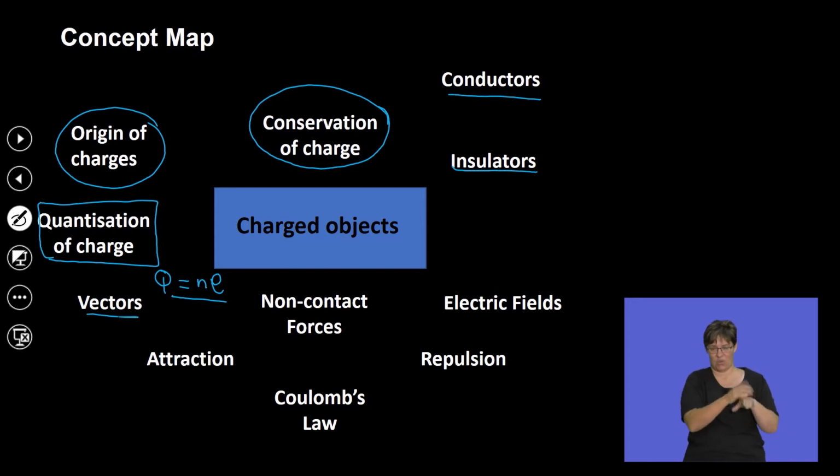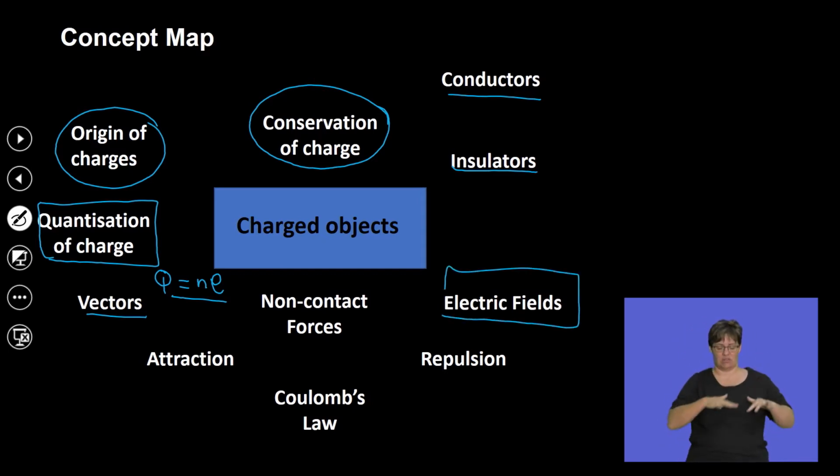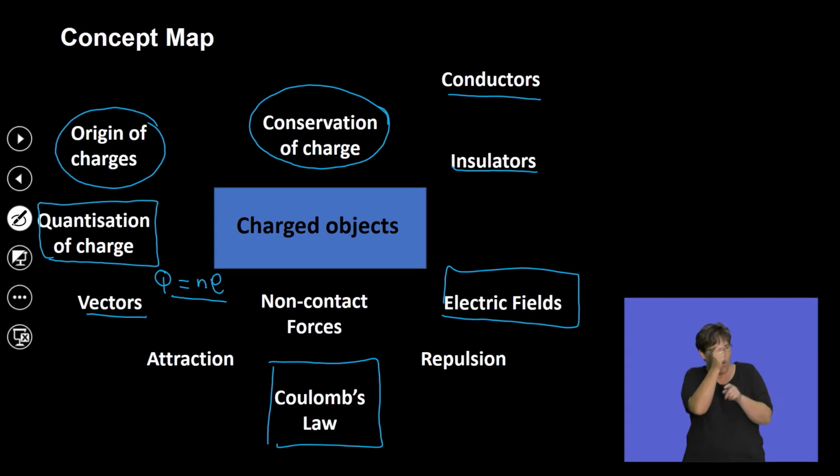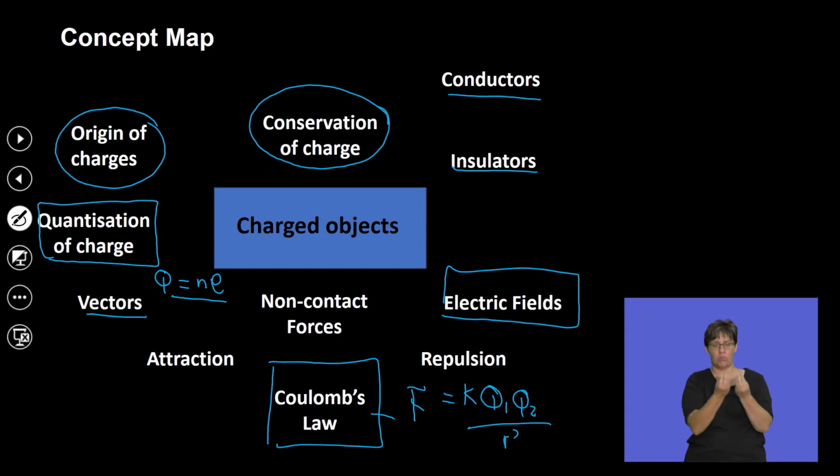We shall talk a lot about vectors today in terms of the forces that other charged particles experience in an electric field. And the concept of electric field is not exactly far removed from Coulomb's law, because Coulomb's law says the electrostatic force of attraction between any two point charges is directly proportional to the product of the charges and inversely proportional to the square of the distance.